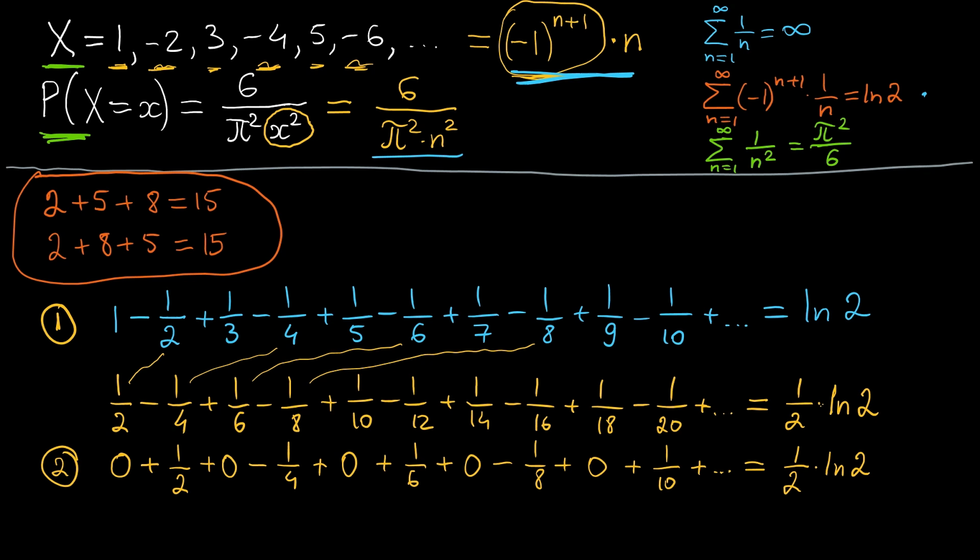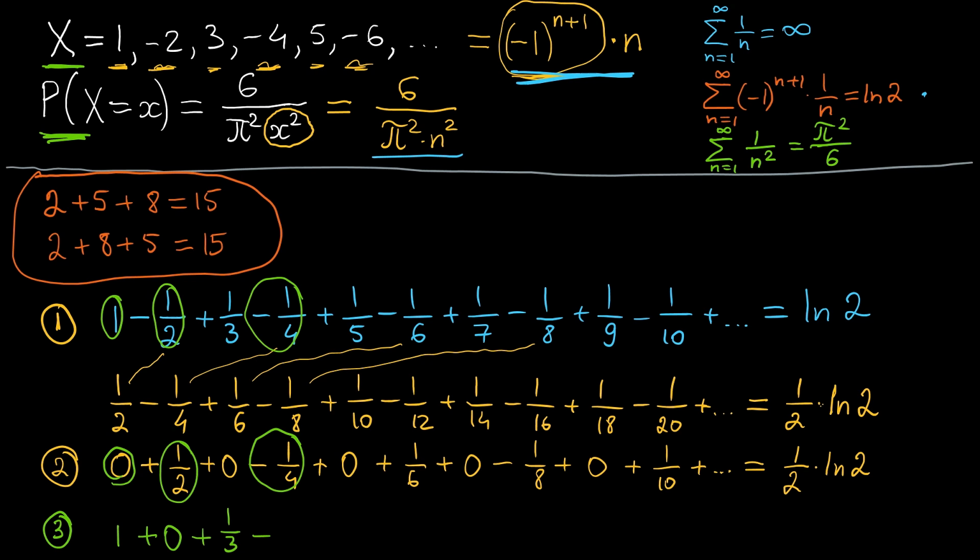So in this equation 3, we will get 1 from adding this 0 and this 1, and then we'll get a 0 from adding these two terms. Then we get 1 over 3. Then when we add these two terms, we get minus 2 over 4, which is minus 1/2.